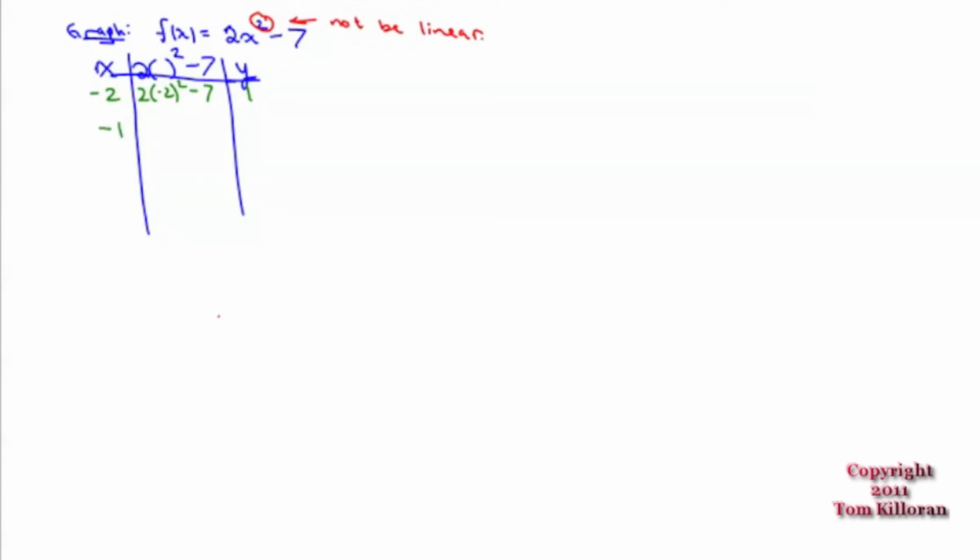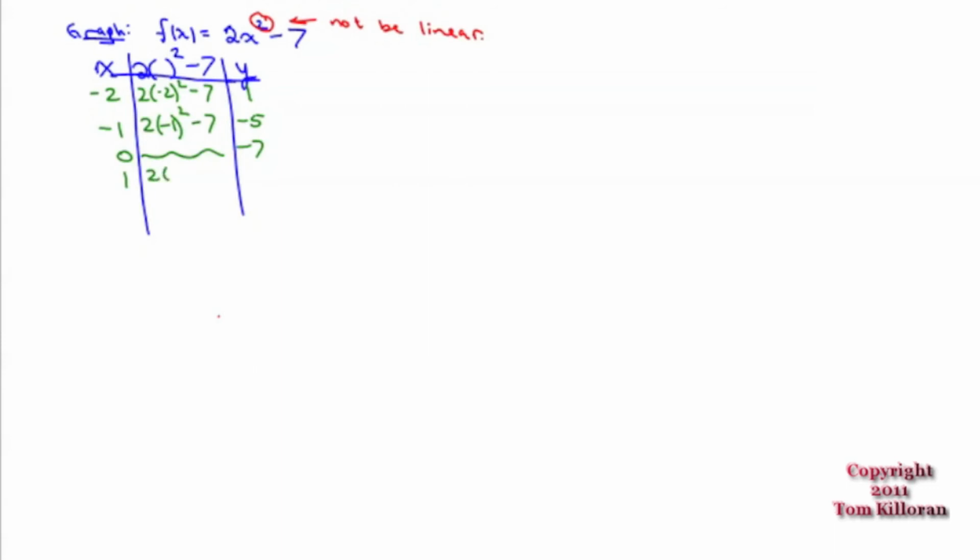-1. Once you find one that works, just go in order. -1 squared minus 7. That would be -5. 0? Be -7. I don't even have to do any work for that one. 1?